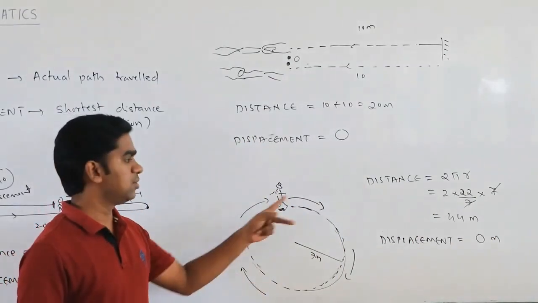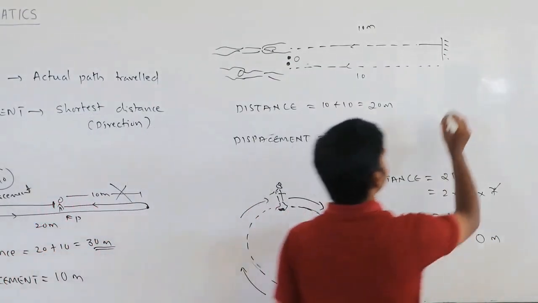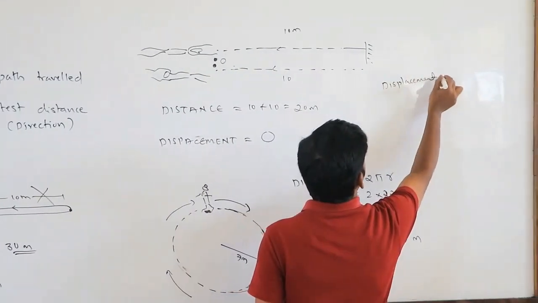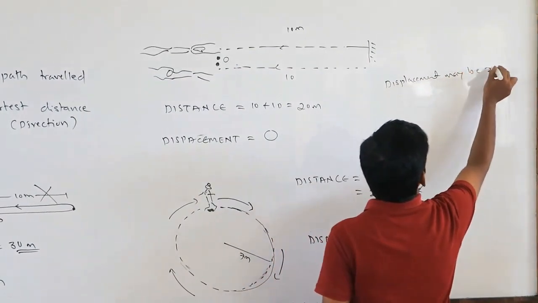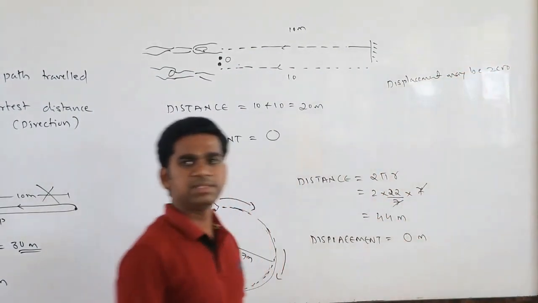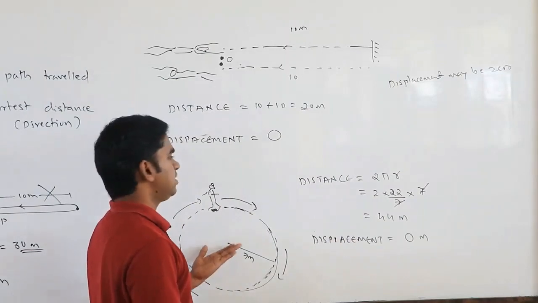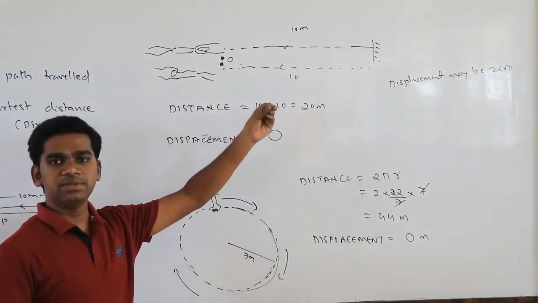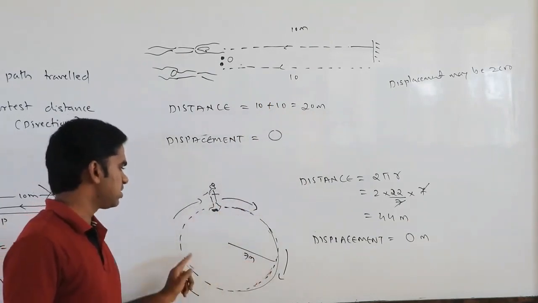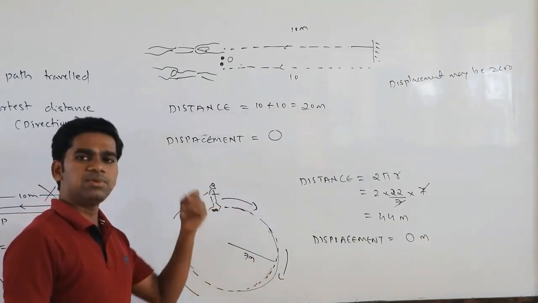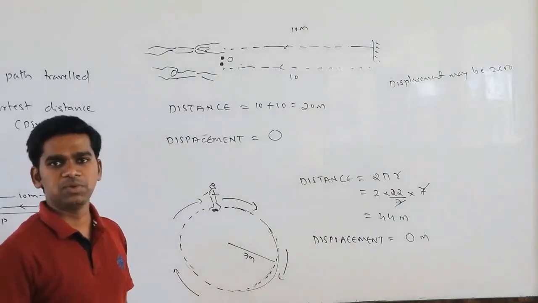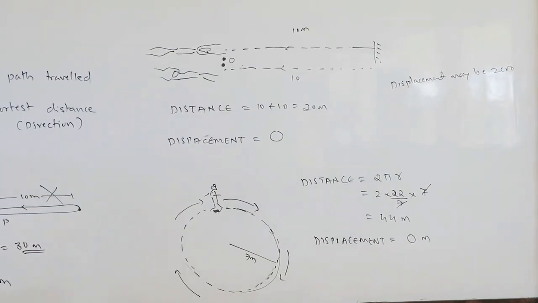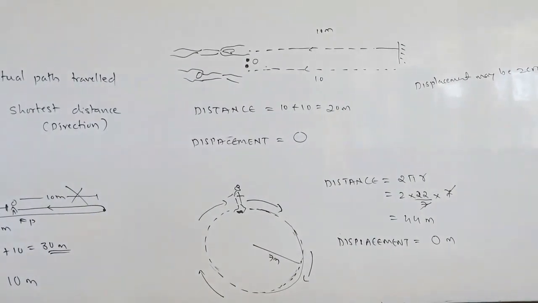What can we conclude here? Displacement may be 0. Distance may not be 0. Distance always has some value. Displacement may be 0, because even though you travel some distance, if you come to the same point, displacement is going to be 0. This is how we can calculate the distance and displacement.